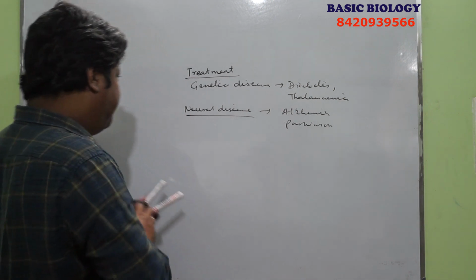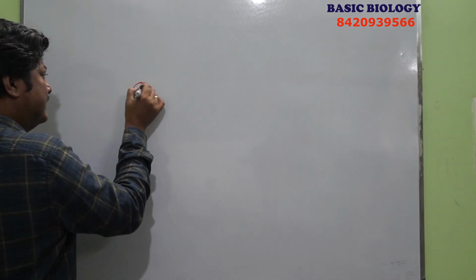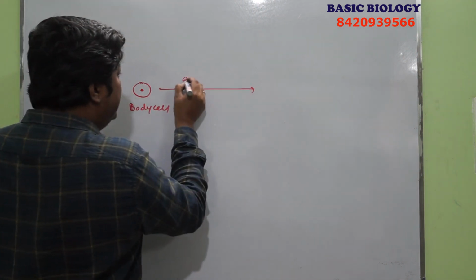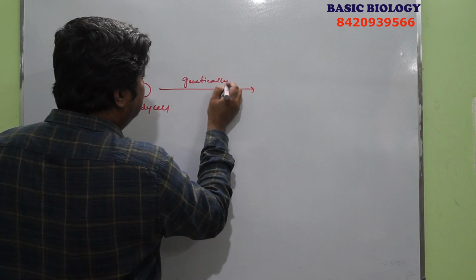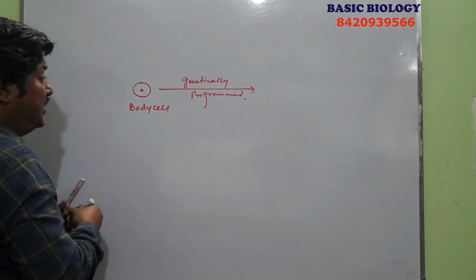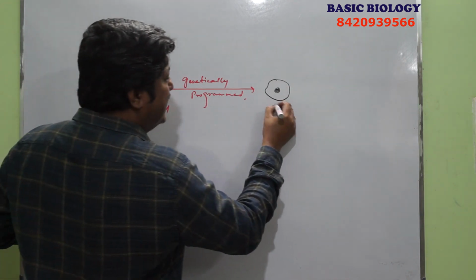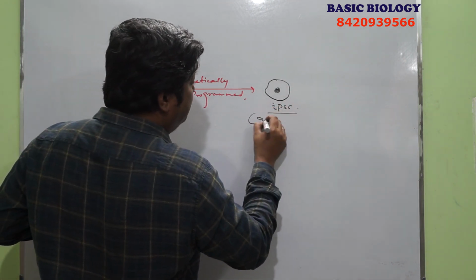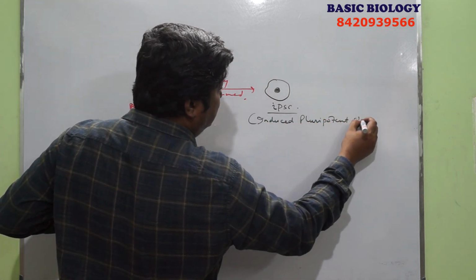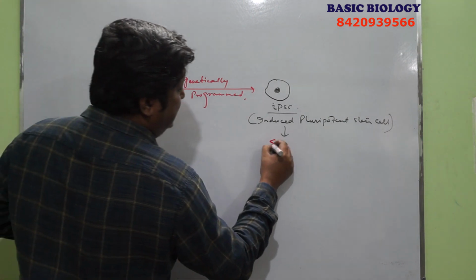And nowadays, our body cell, normal body cell, they are genetically programmed and converted into a special type of stem cell which is known as iPSC, that is the induced pluripotent stem cell, and which is similar in nature to our stem cell.